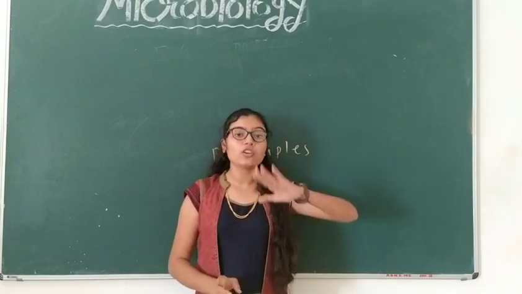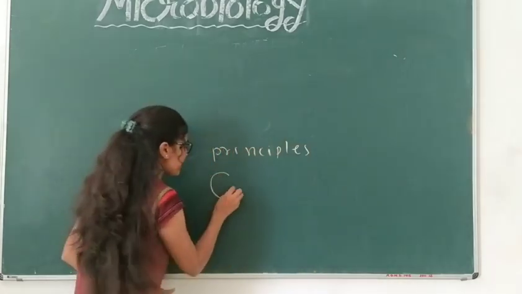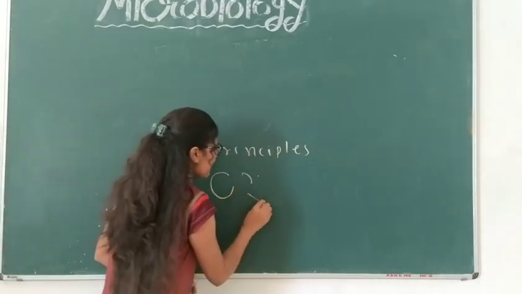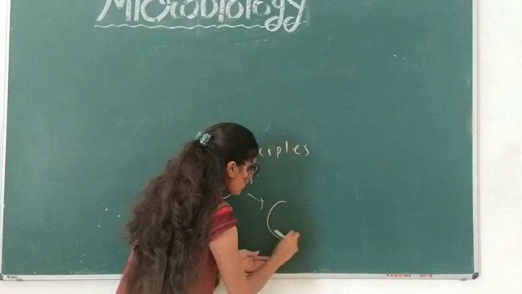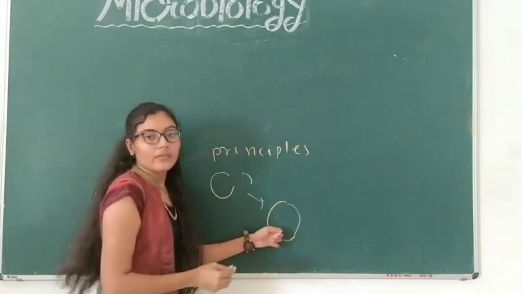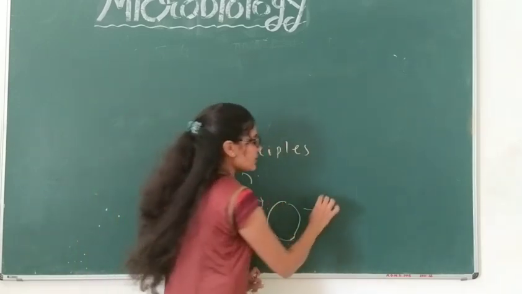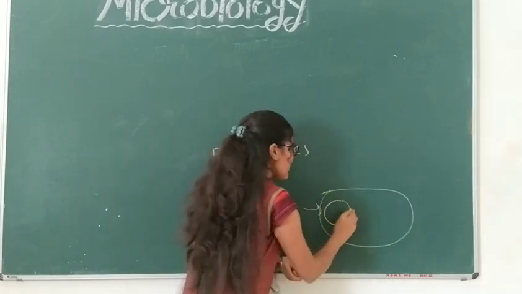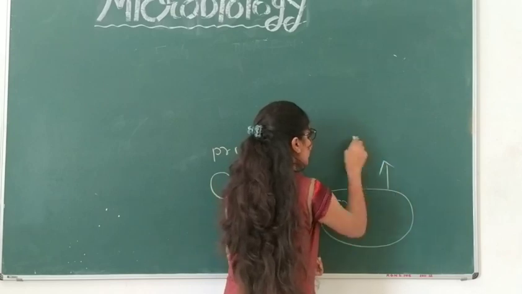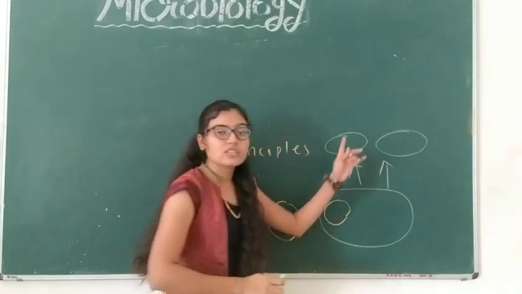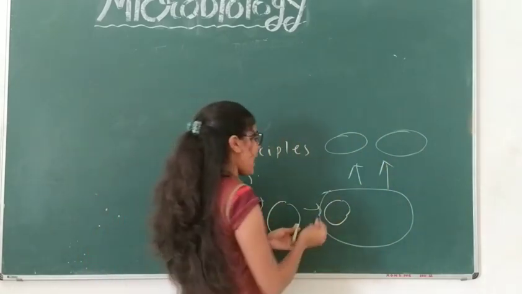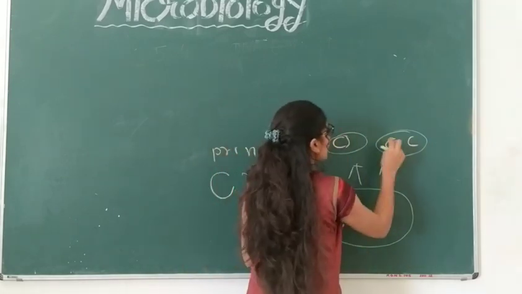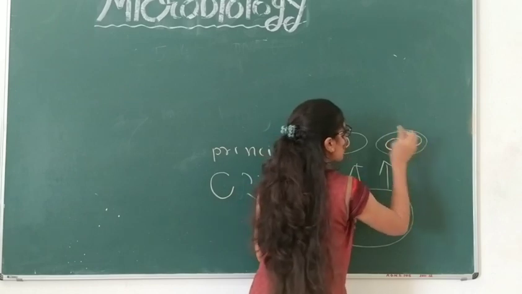After insertion, the vector together with our desired gene forms a recombinant molecule. That recombinant molecule will be transformed into the bacterial cell. After transformation, it will be multiplied into many copies, and each bacterial cell will have one or more recombinant DNA molecules.